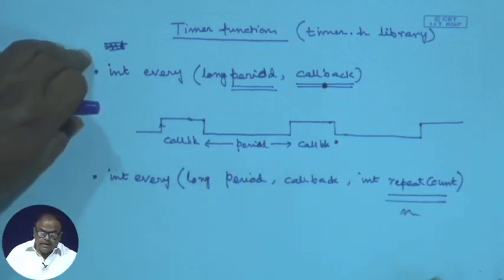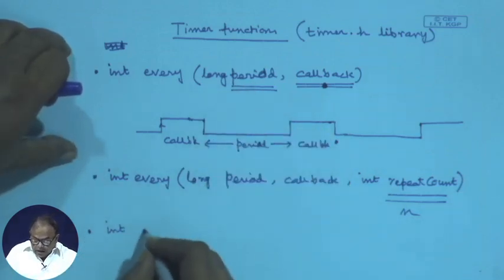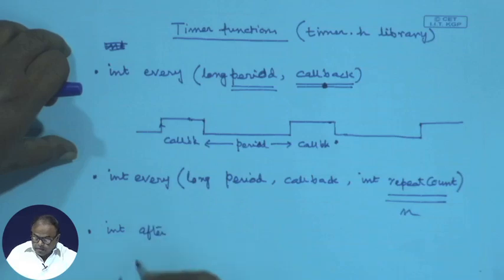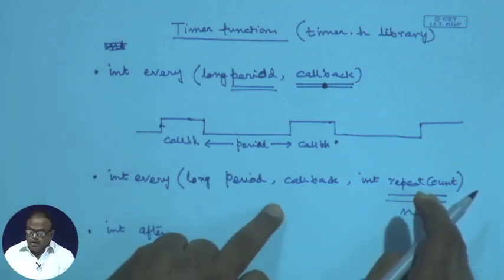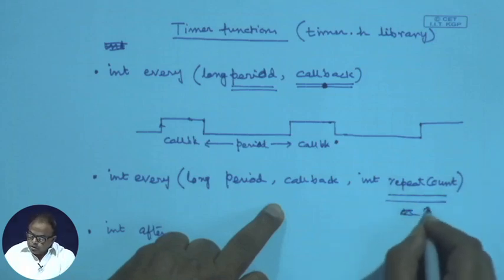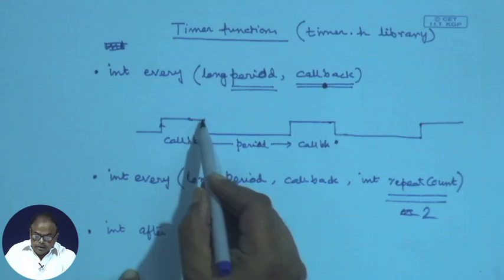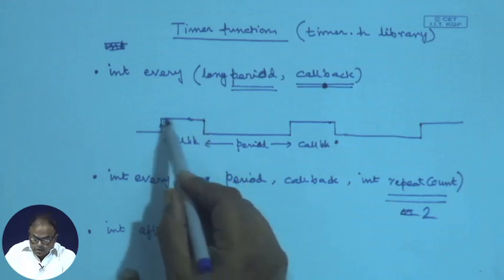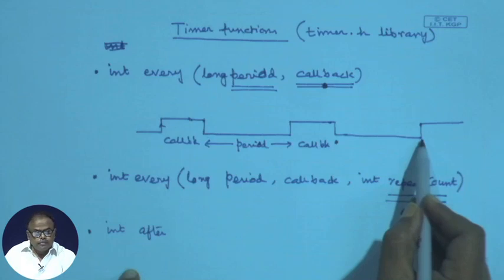The other thing is, this was every, but suppose I write after. In this case, what will be the scenario? Suppose the value of n is 2. In that case, it will run once, run twice, and then stop.